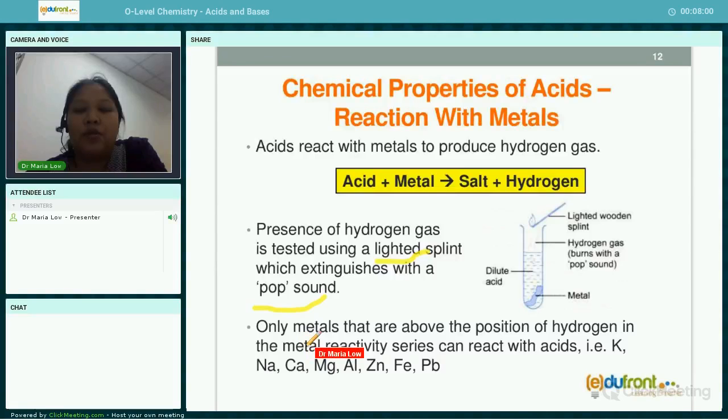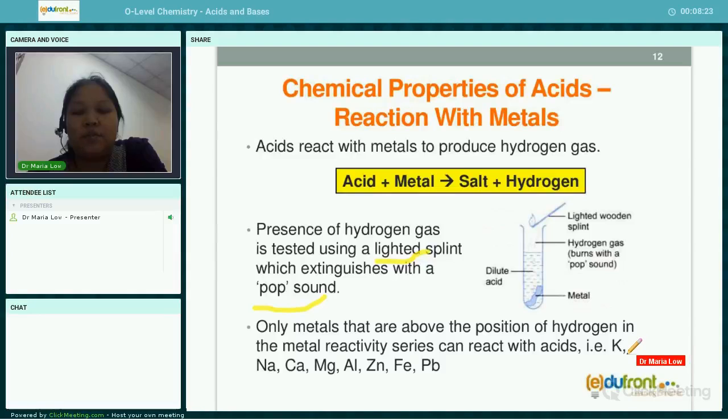But it's good for you to take note that not all metals are able to react with the hydrogen ions in your acid, because it depends on the position of the metal in the reactivity series. For example, metals that are able to react with acids must be above the position of hydrogen.